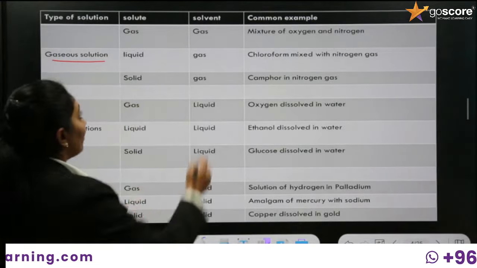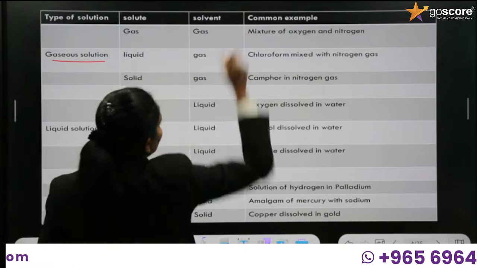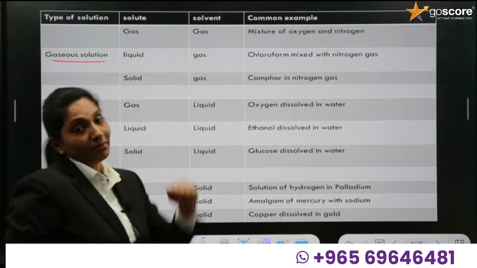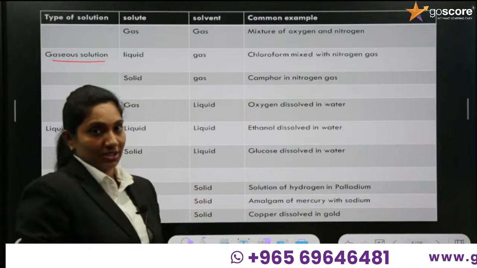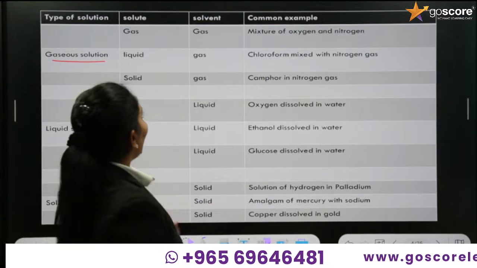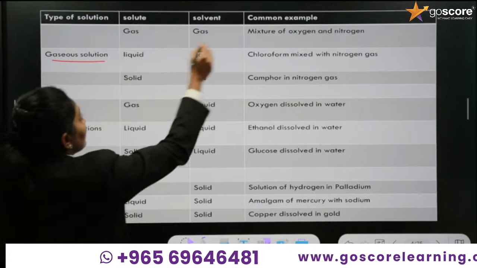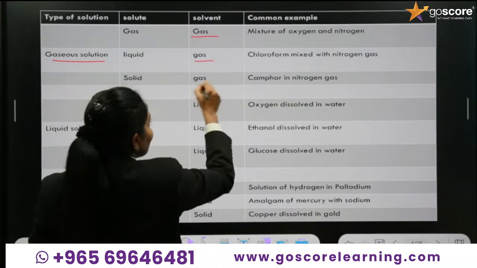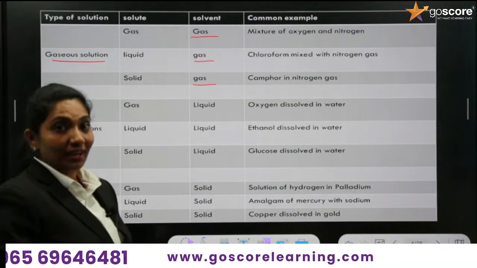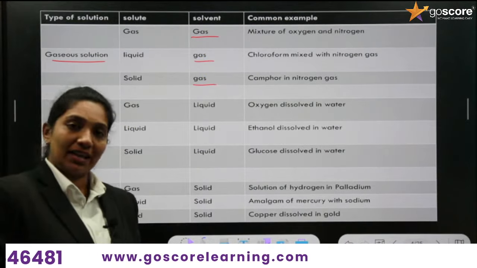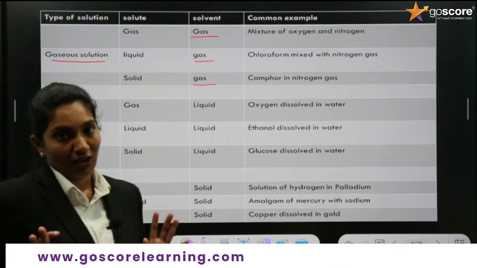See, this is the solute column, this is the solvent column, and some examples for solutions are given. For gaseous solutions, the solvent is gas, and the solute may be gas, liquid or solid.